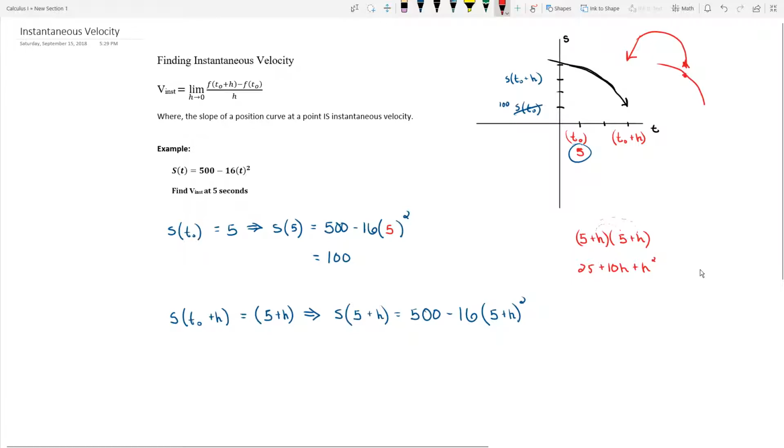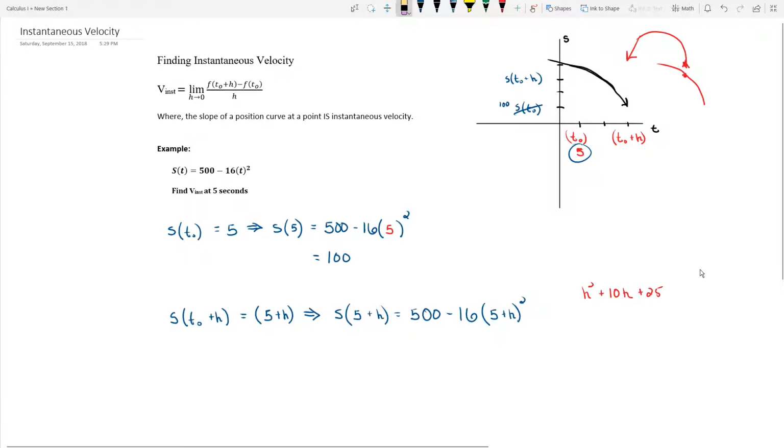I always like to write this as the greatest exponent to smallest. So that's what we end up with there.